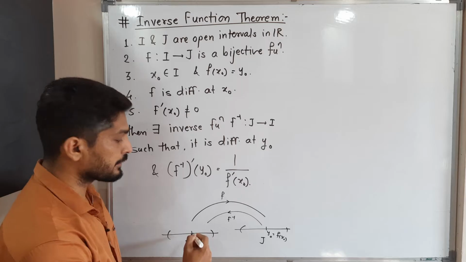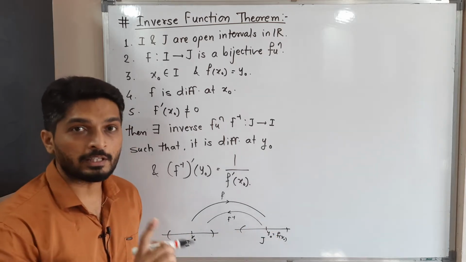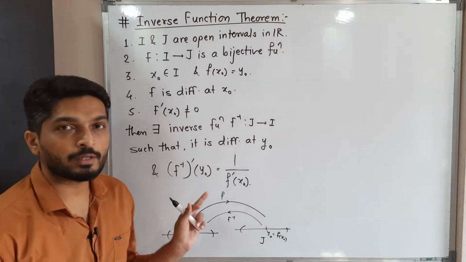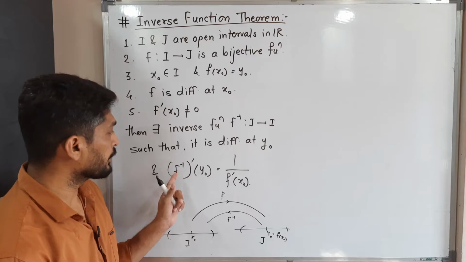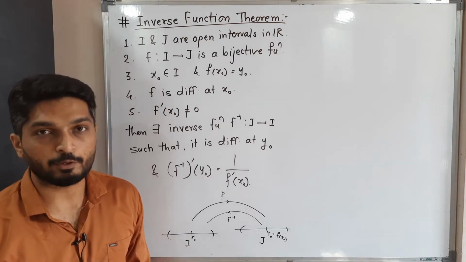Its derivative is given by: derivative of f inverse at y naught is equal to 1 upon derivative of f at x naught. This we have to prove.